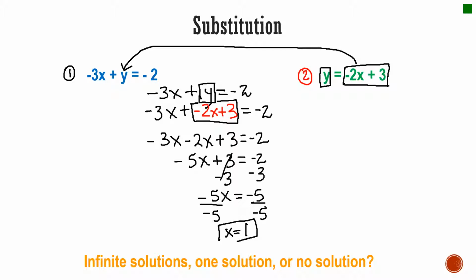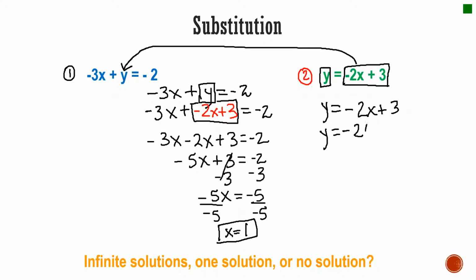So I have my x. All I'm going to do is go back and plug it into an equation and get my y variable. Well, I like equation 2 because it looks a little bit more simple. So I'm going to plug my x into equation 2 right over here. I've rewritten the equation y equals negative 2x plus 3.